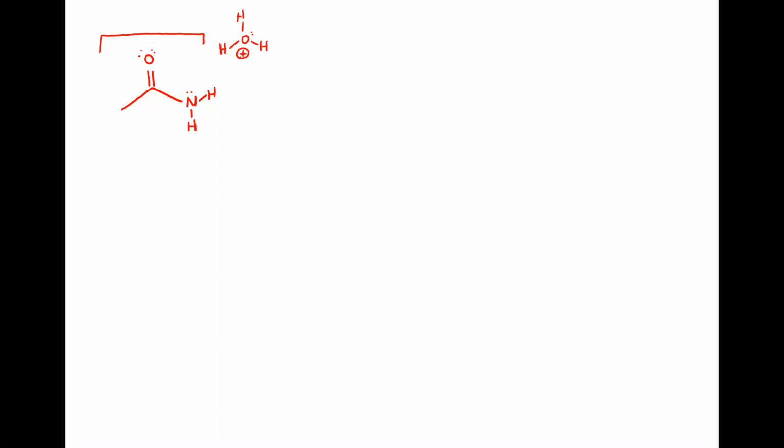If we look at the resonance contributors of the amide, and we'll just draw the allylic lone pair pattern, we'll see that the oxygen has a partial negative charge. So that will be the atom that picks up the proton from the acid.